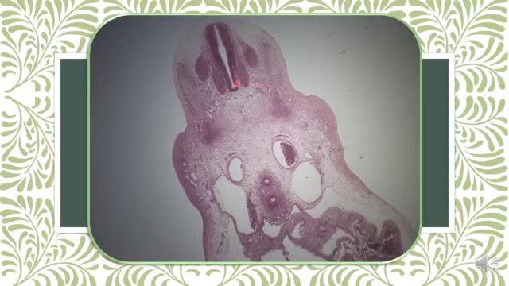Also, more caudally, dorsally, neural tube, spinal cord, narrow cavity, and you can see the basal mantle zone and the spinal ganglia. Ventral to the neural tube, notochord. Ventral to the notochord, bilateral dorsal aorta.